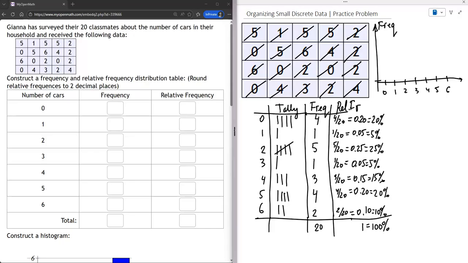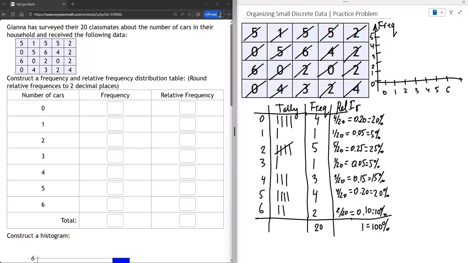And our highest frequency is only 5, so we can make a scale like this. 2, 3, 4, 5. So I prefer to center the bars in the histogram around the observations. So I would create a histogram like this.